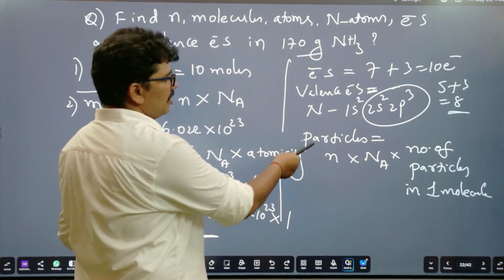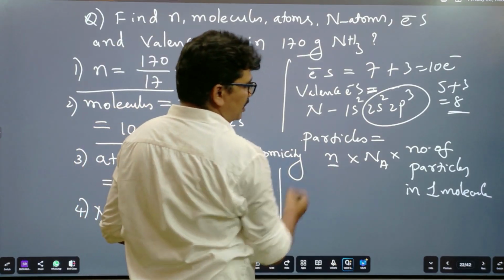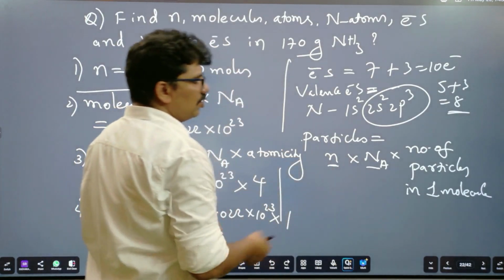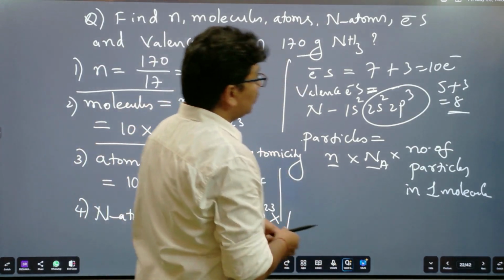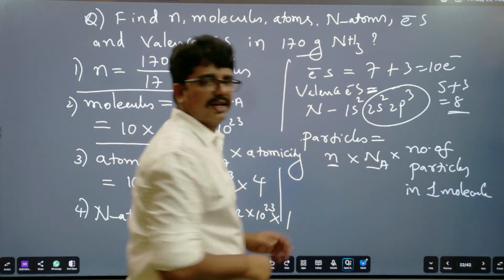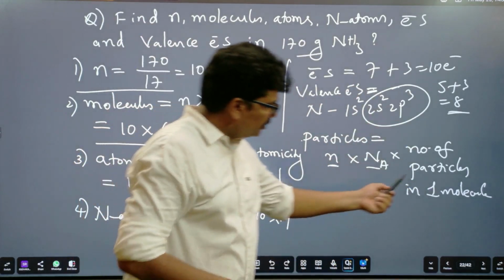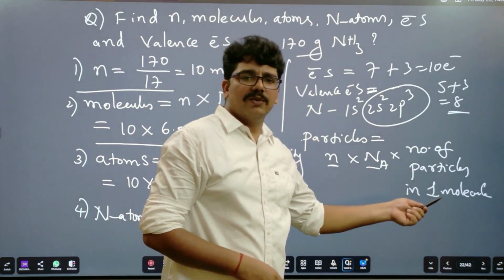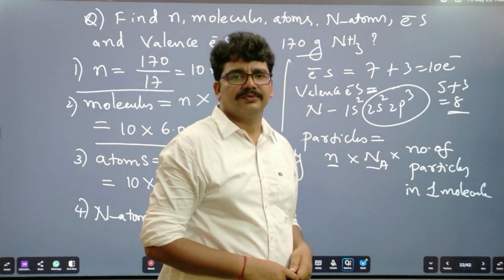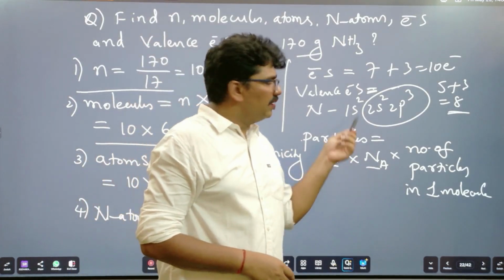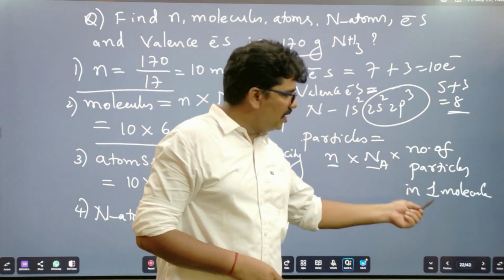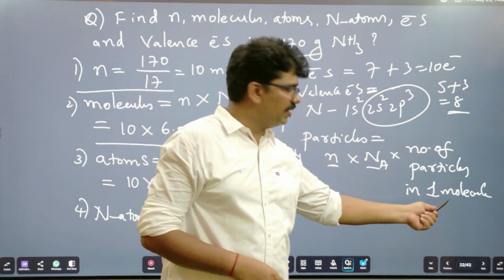Total number of electrons is equal to moles 10, Avogadro number 6.022 into 10 power 23, and number of electrons in one molecule, 10. Substitute 10 here, you will get the answer. If it is protons, substitute number of protons in one ammonia molecule. If you want valence electrons, substitute number of valence electrons in one molecule. That is 8. Substitute 8, you will get the answer.